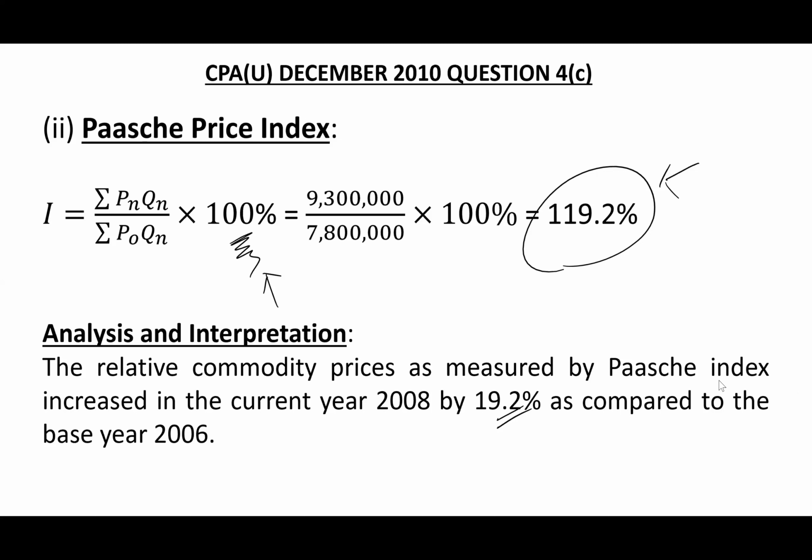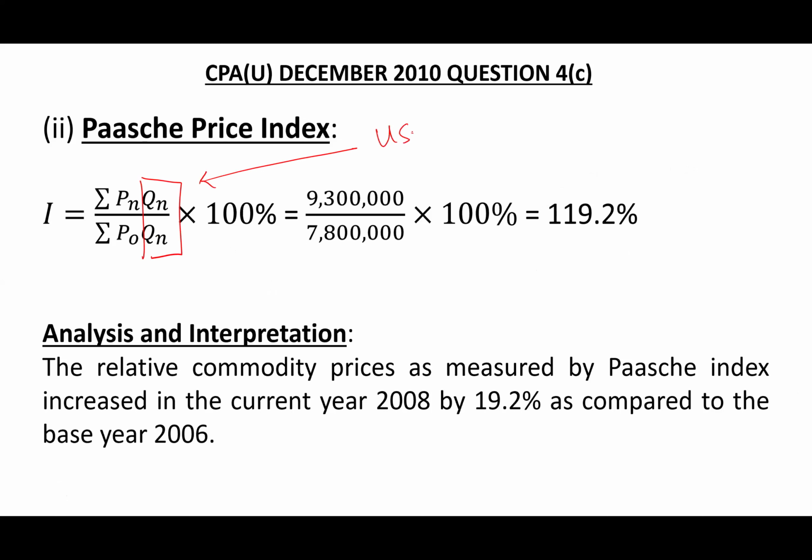Now, we need to get the difference between Laspeyres and Paasche price index. As you can see, for the case of Paasche's price index, we use the current year quantities as the weights.